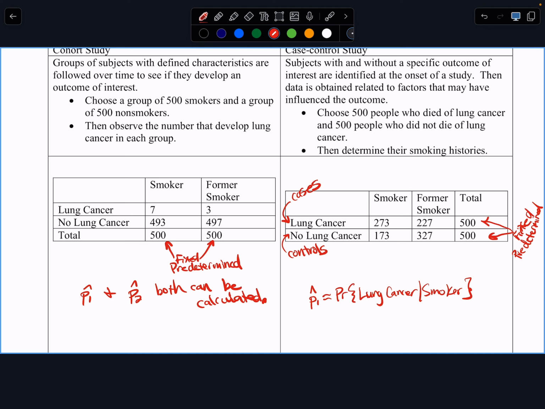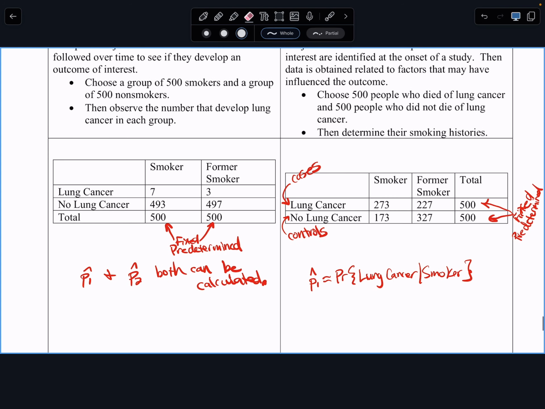So this 273, which will be the numerator of P1 hat, isn't fully free to be estimated. It's constrained by being predetermined by that total 500 there. The same thing would happen with P2 hat. If I were to try to find P2 hat, I would want this 227 divided by the total for this column here. Again, that 227 is constrained by being fixed by that 500 there.